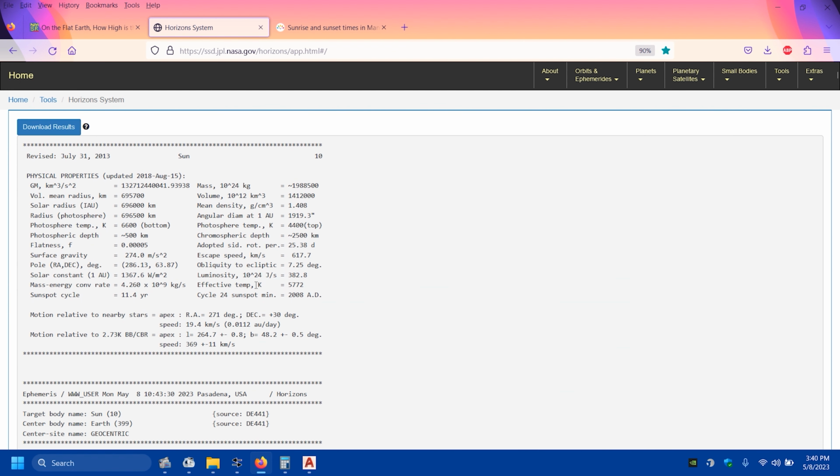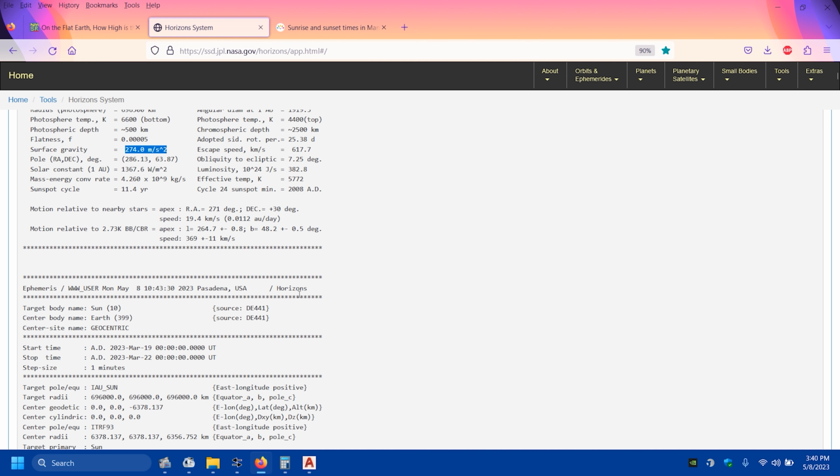It gives you some pretty cool little details: radius, solar radius, flatness, surface gravity, mass, energy, sunspot cycle, mass in kilograms, volume, mean density.